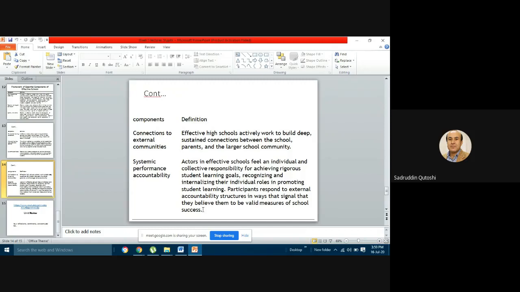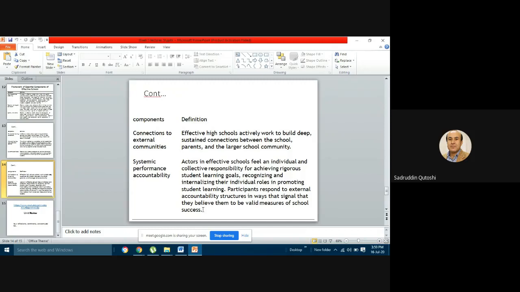That depends upon the system in your school, because a particular sort of system helps school leaders to be responsible for their actions, for their decisions, for every activity in the school, which are in line with their performance accountability or not.